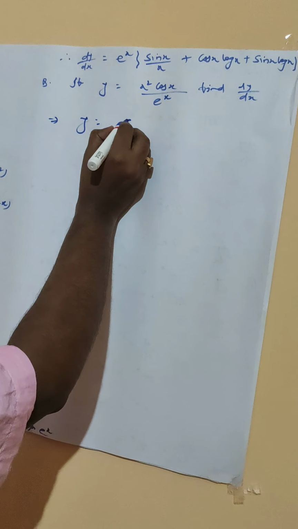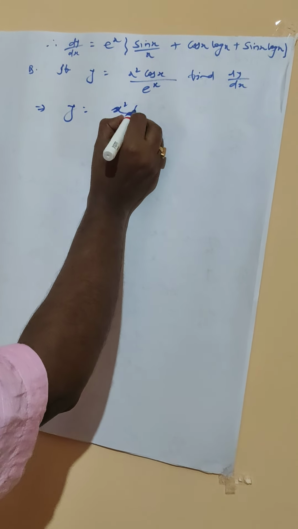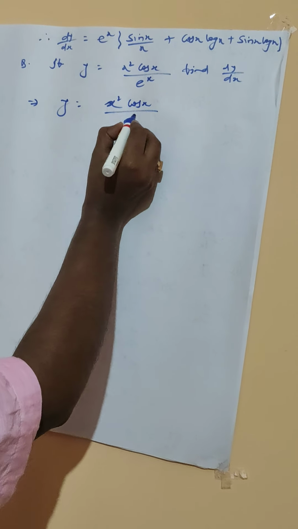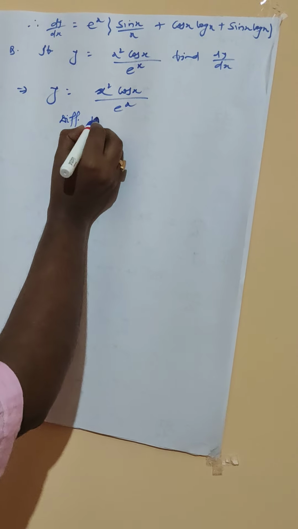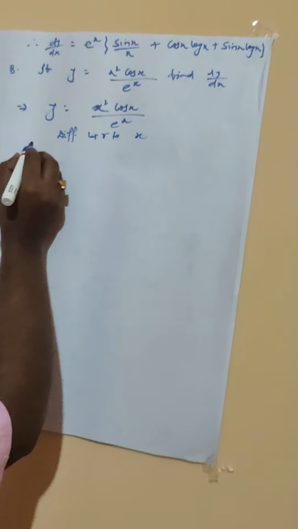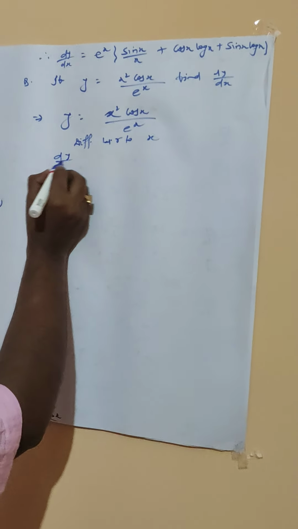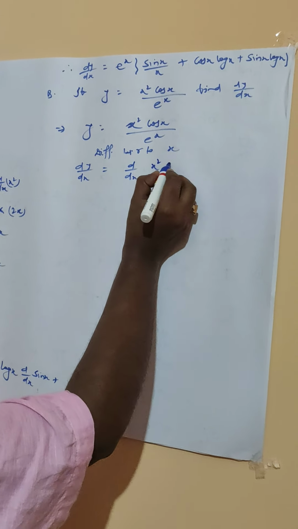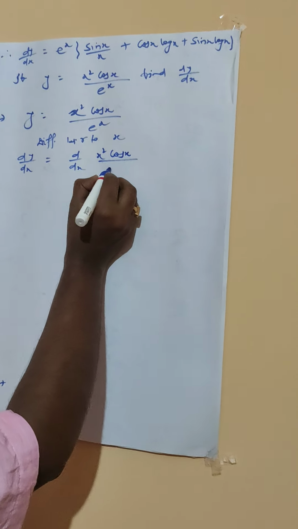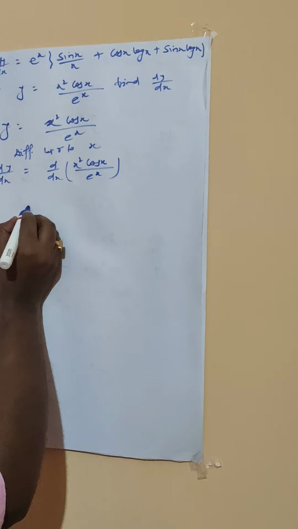Here y is x squared cos x by e to the power x. Differentiating with respect to x, d by dx of x squared cos x by e raised to x.